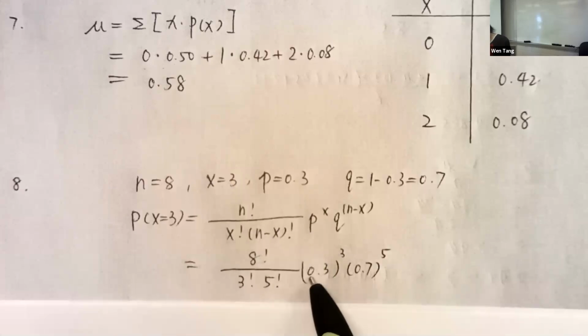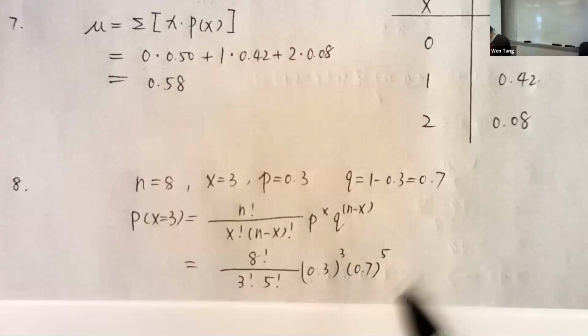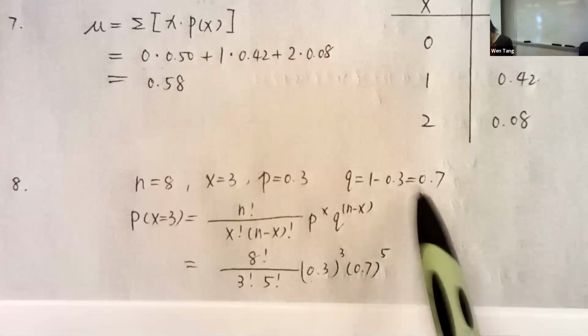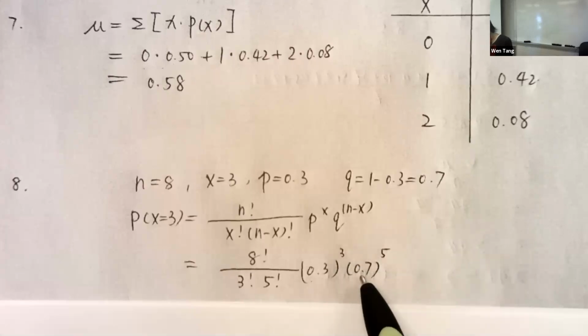And this is the probability of success, here is the p, then the corresponding power will be just the number of successes. And this 0.7 is the probability of a failure, so here 5 is the number of failures.